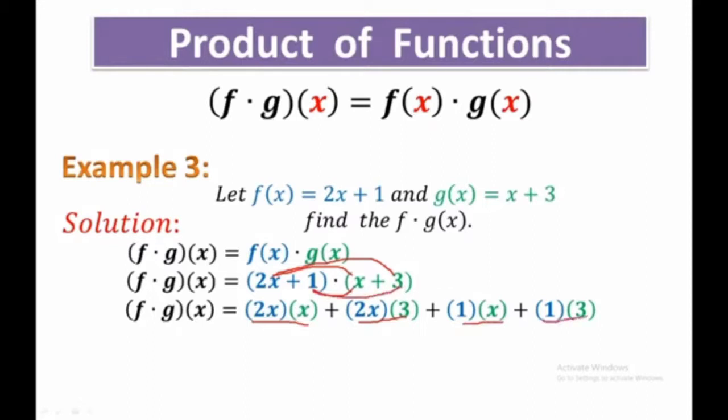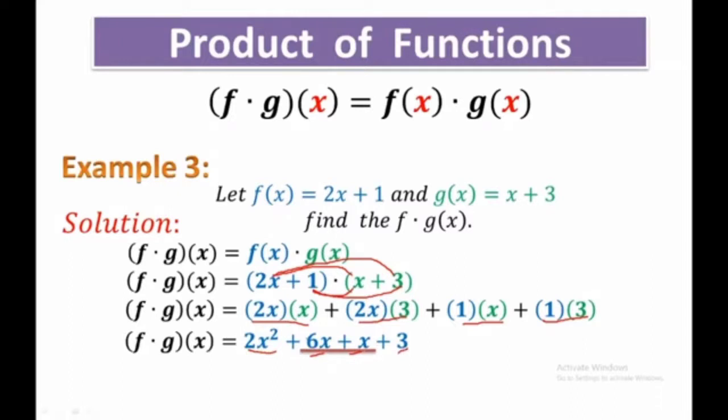Okay, so after that, let's get the product of this. So that is 2x times x, we have 2x squared, plus 2x times 3, you have 6x. Then 1 times x, that is positive x, and the last term is 1 times 3, which is positive 3.